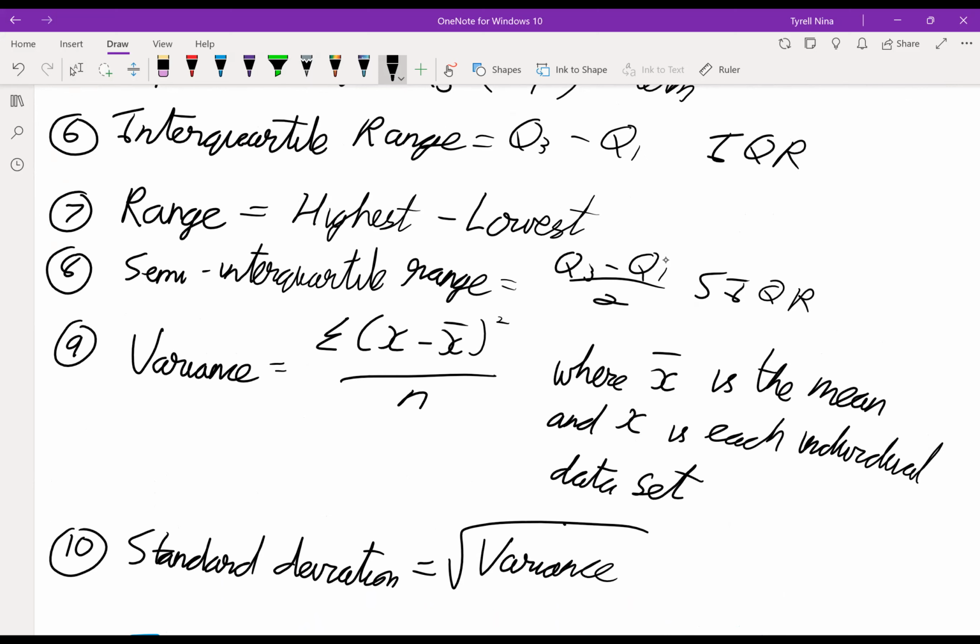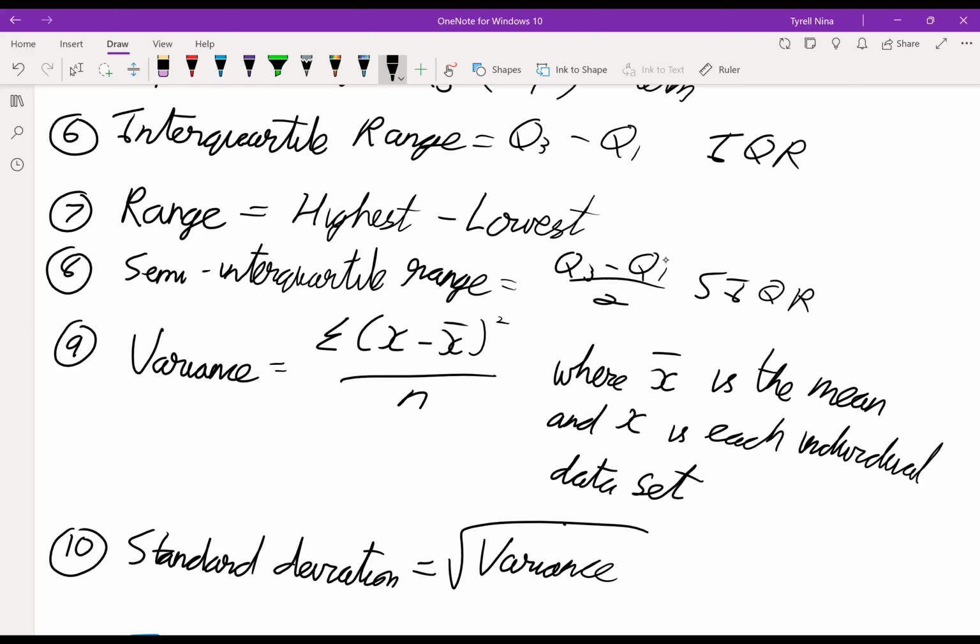over n. So what you're doing, you're taking each member of the data set, minusing the mean from it, squaring it because it can't be negative, and adding them, and then you divide them by n. Right, that's the one everyone gets confused with.